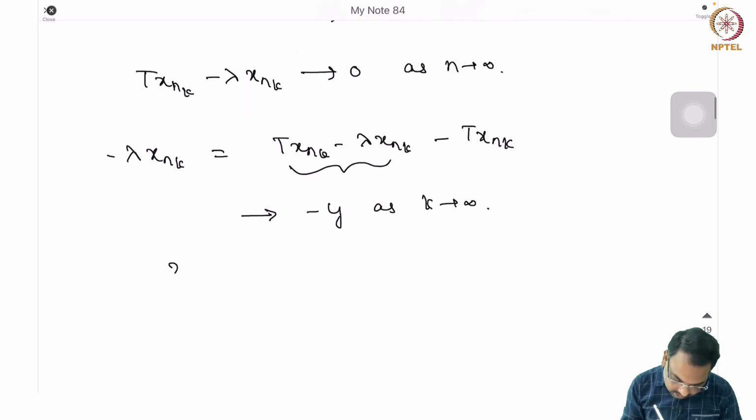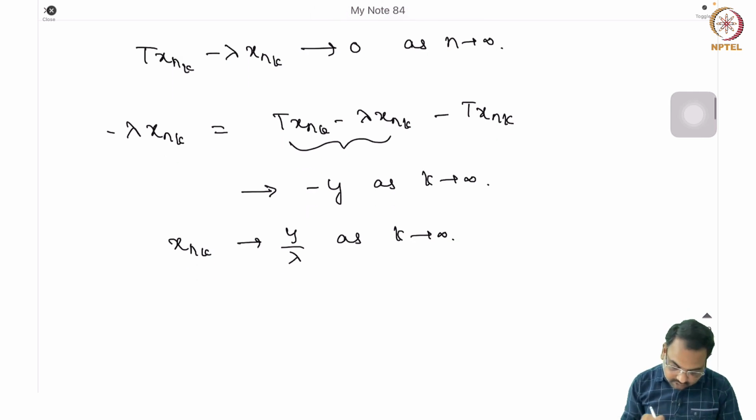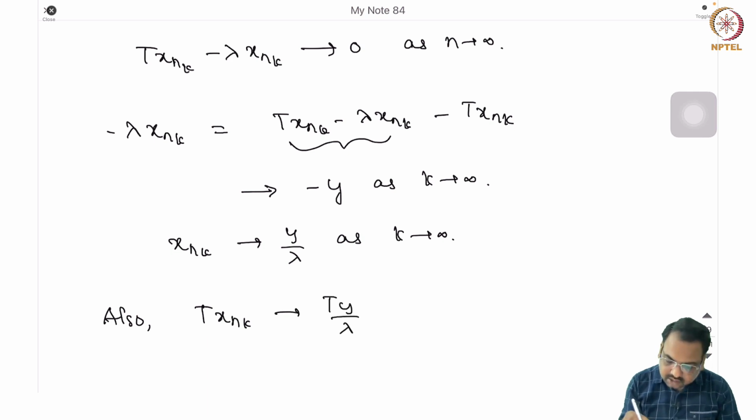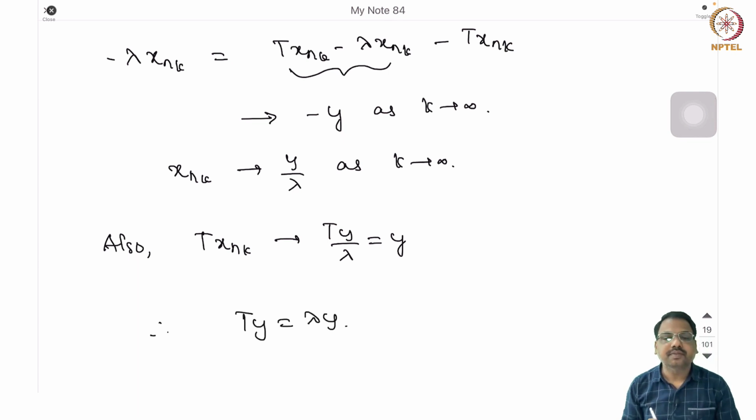That means xnk converges to y by lambda. Now T xnk converges to y and T is bounded, so also T xnk converges to Ty by lambda, but this has to be equal to y. Therefore Ty is lambda y.